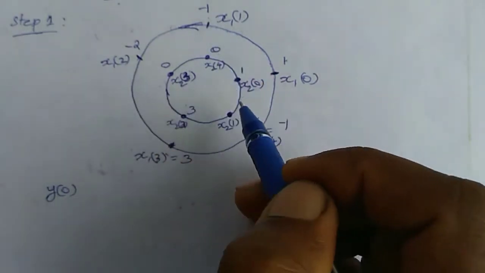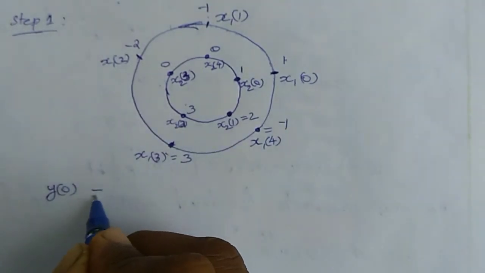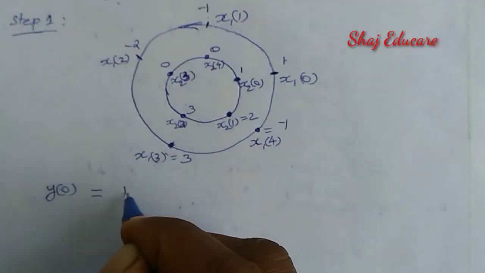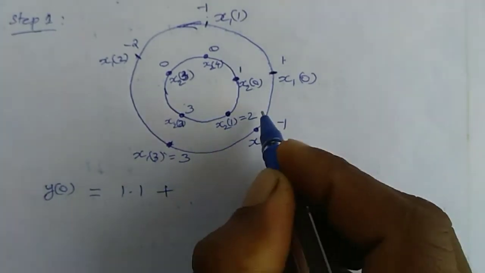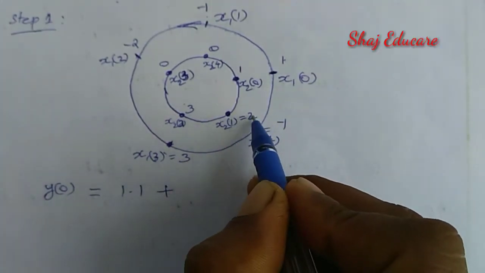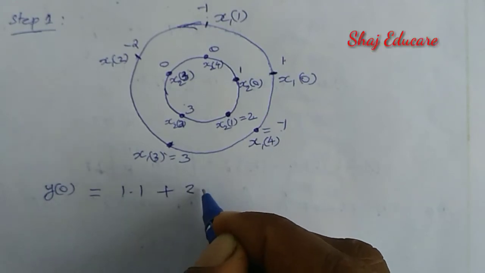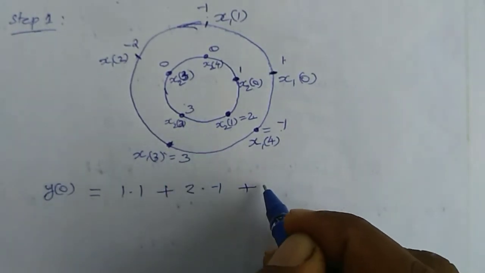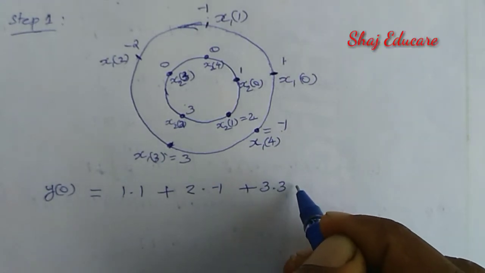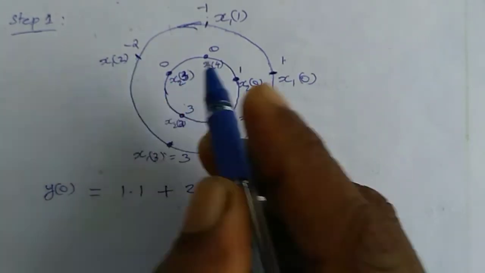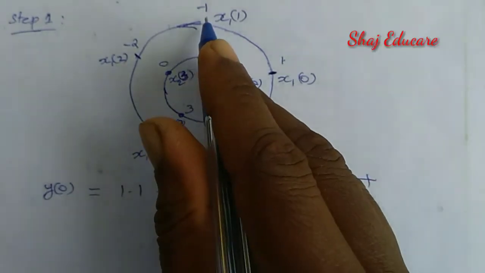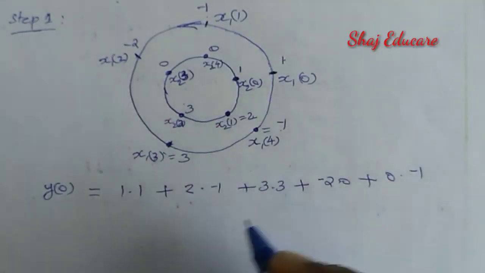So let us try to do that. I'm going to multiply this one with this one, 1 into 1, and add this 2 into minus 1, plus this 3 into 3, plus this 0 into minus 2, plus this 0 into minus 1.